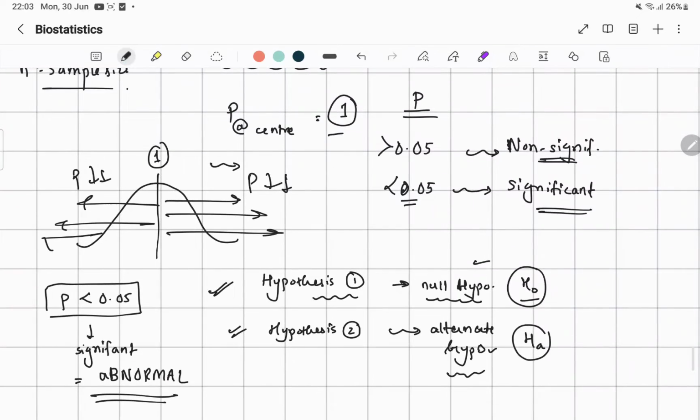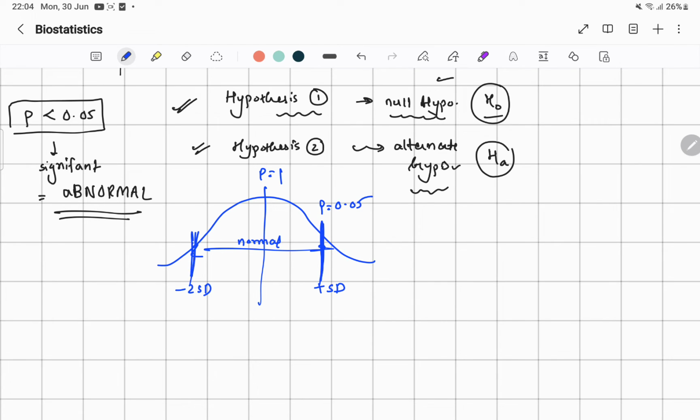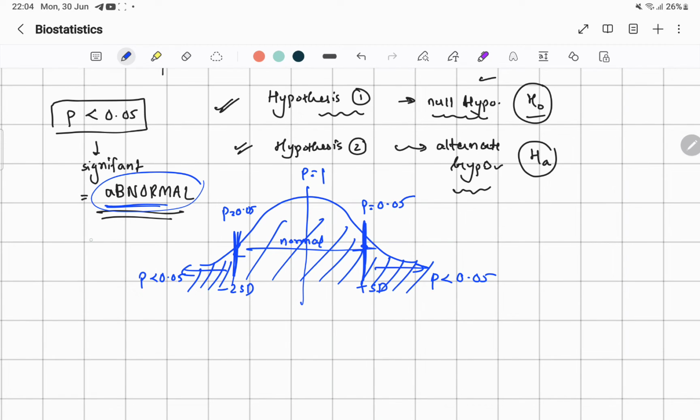Basically, I told you about minus 2SD and plus 2SD. This was called the normal zone. Here p value is 1. At plus 2SD p value is 0.05. At minus 2SD p value is 0.05. If the p value is less than 0.05, we call it abnormal. This is normal and here it is called abnormal. Abnormal means the null hypothesis is rejected.